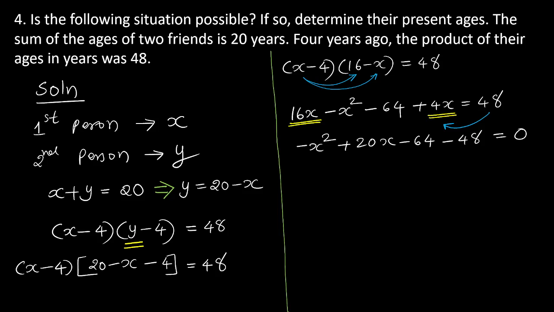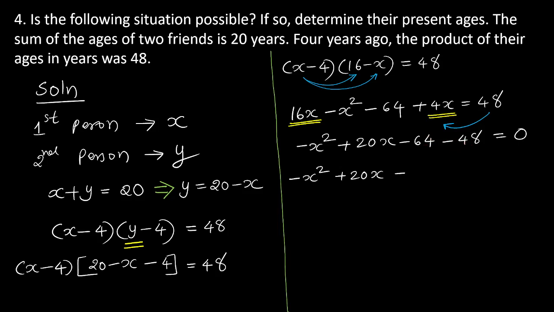So minus x square, 20x is there, minus 64 minus 48. Shall I discuss that? No, you know how to subtract. Minus 64 minus 48 will be minus 112.